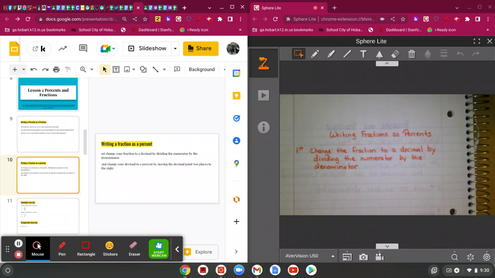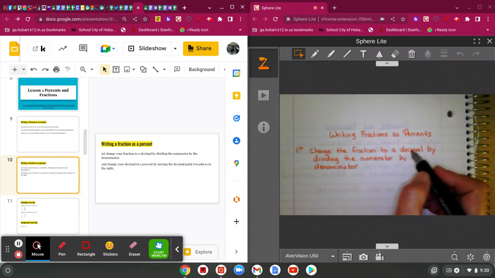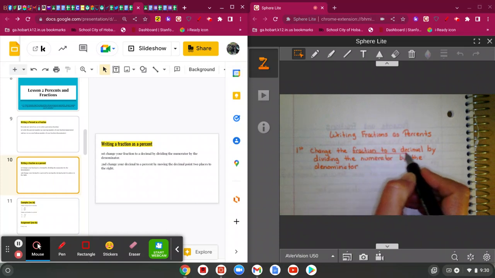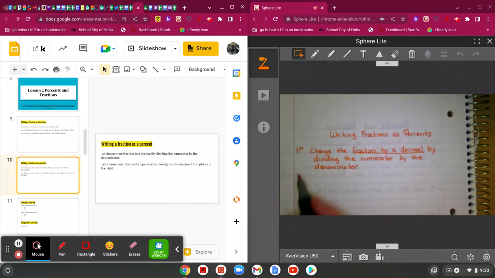Okay, so this is what we did yesterday. We're changing the fraction to a decimal, and that's just done by dividing the numerator by the denominator. Then, to get that decimal changed to a percent, all right?